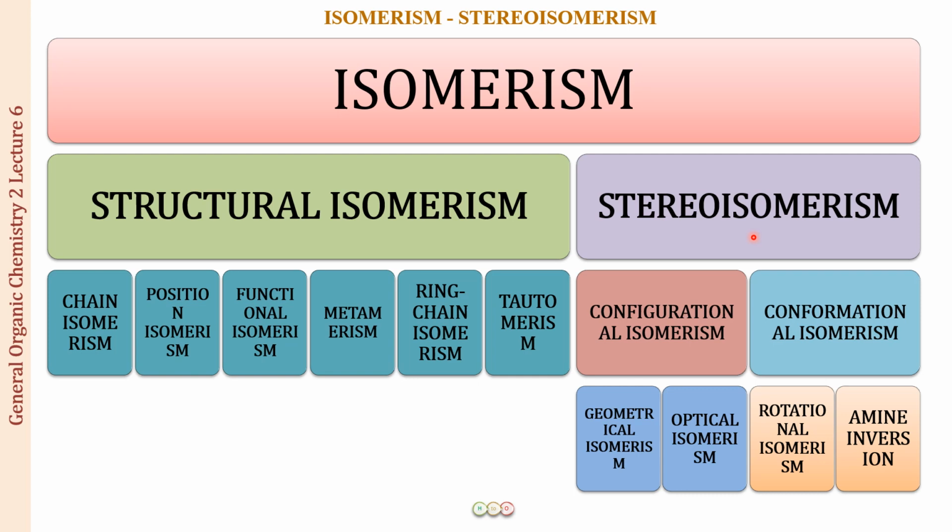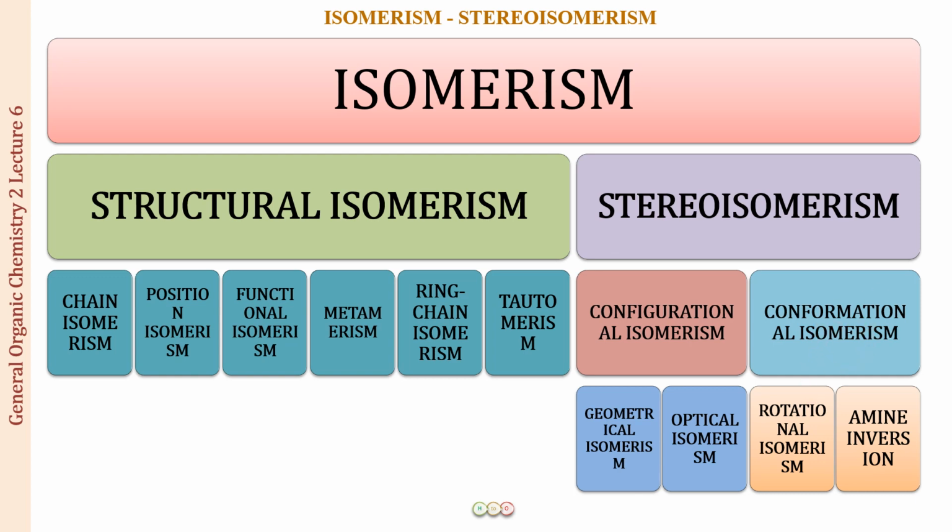Stereo-isomerism is further of two types: configurational isomerism and conformational isomerism. Configurational is further of two types, geometrical and optical. And it is this geometrical isomerism that we are going to discuss today in detail. And then we have conformational isomerism, where we will be having rotational isomerism and amine inversion. And this is going to take quite some time when we reach it.